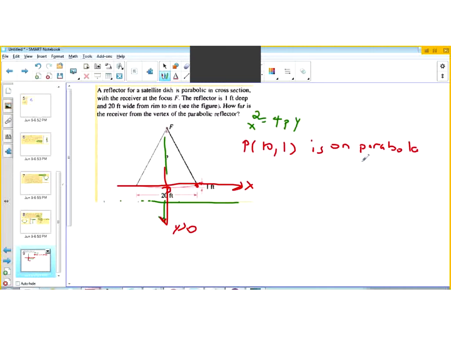All right, and so we have x squared is equal to 4py, so we'll have 100 is equal to 4 times p times 1, which makes p equal to 25 feet from the vertex.